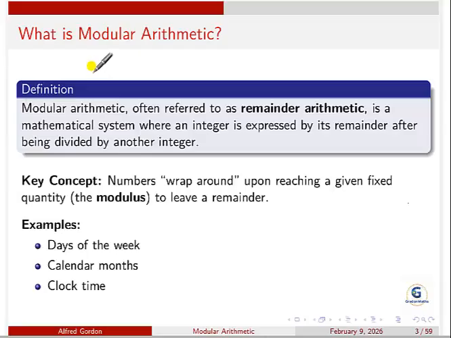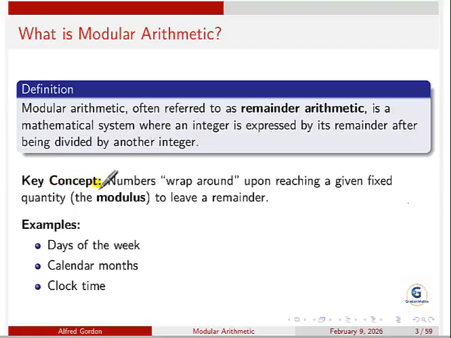Now let's begin. What is modular arithmetic? By definition, modular arithmetic, often referred to as remainder arithmetic, is a mathematical system where an integer is expressed by its remainder after being divided by another integer.